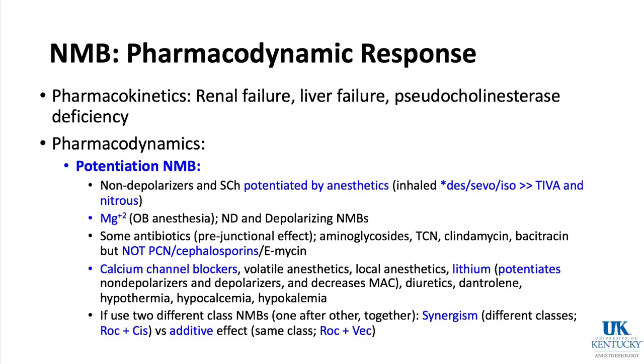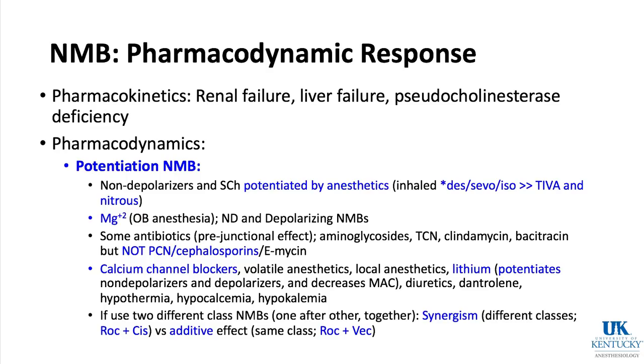Pharmacodynamics and kinetics. Pharmacokinetics is referring to the neuromuscular blocker getting in and around and out, and renal failure, liver failure, and acetylcholinesterase enzyme problems can mess up our pharmacokinetics. But pharmacodynamics, what things can potentiate neuromuscular blockade? Both non-depolarizers and succinylcholine are potentiated by our inhaled volatile anesthetics, desflurane, sevoflurane, and isoflurane.